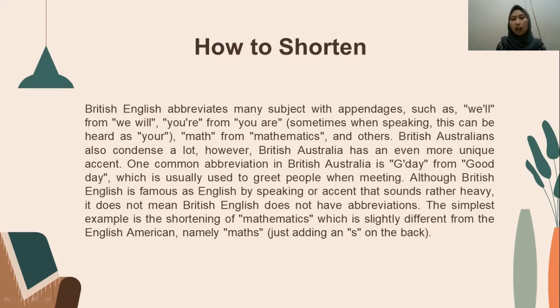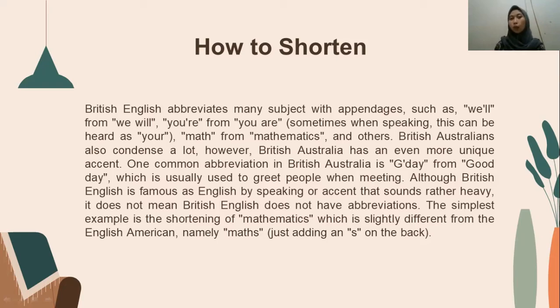Australian English also condenses a lot. However, Australian English has an even more unique accent. One common abbreviation in Australian English is g'day, from good day, which is usually used to greet people when meeting. For example, g'day, mate.